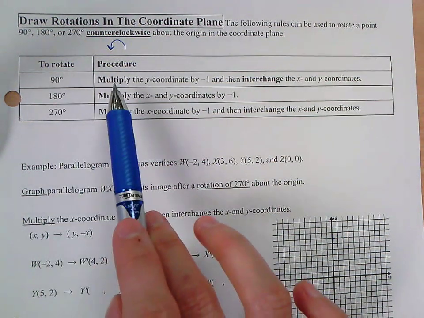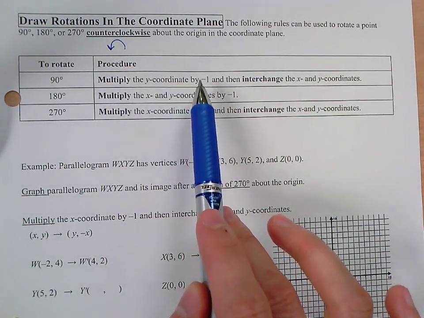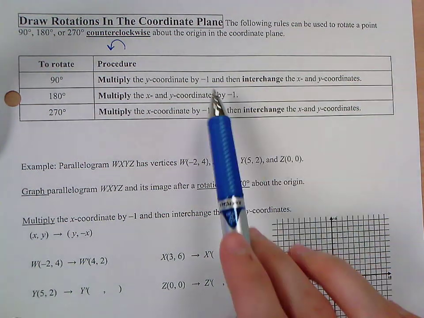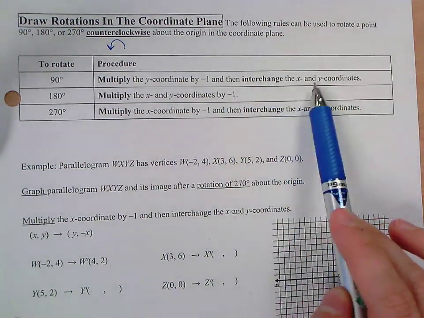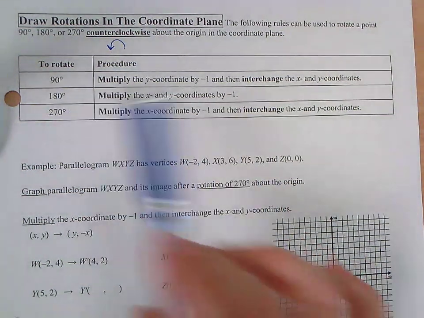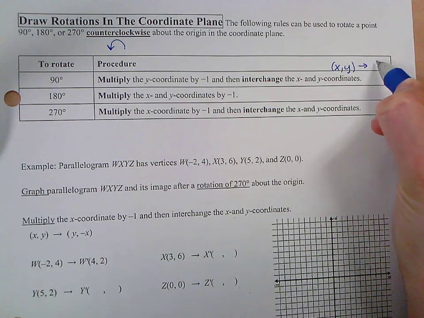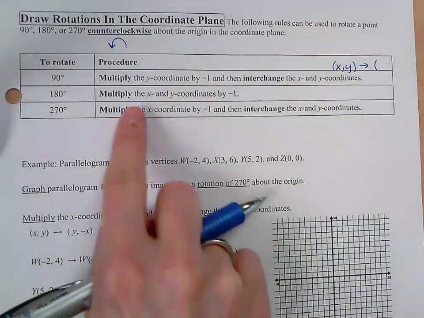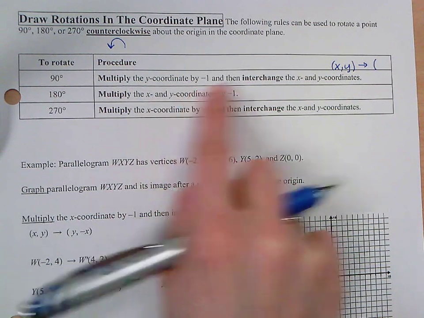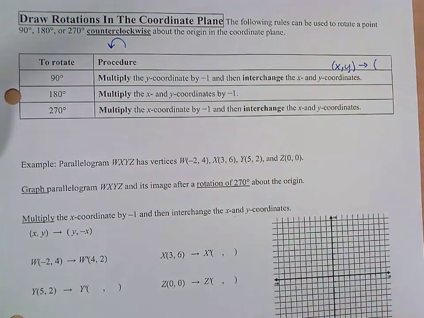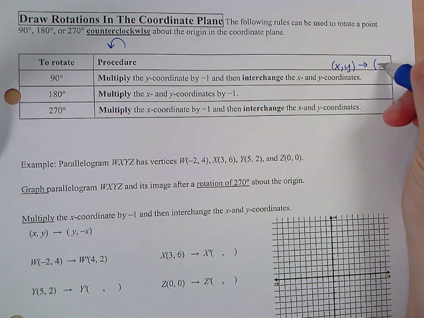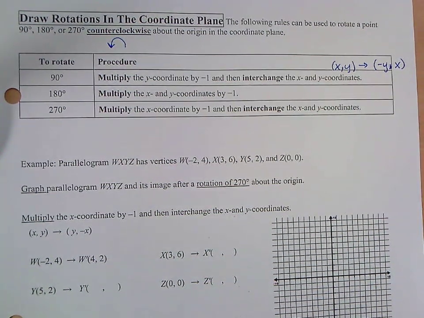So for 90 degrees, you multiply your y coordinate by -1, so it becomes the opposite, and then you interchange or switch the x and the y coordinates. So for 90 degrees, if you start out with an ordered pair x, y, I multiply y by -1, so it becomes -y, and then I switch my coordinates. So I have -y and then x. So that's what your point will become for all of your vertices, and then you can graph your image.